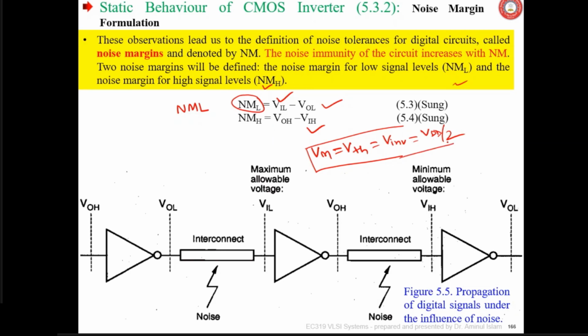So to calculate the noise margin mathematically, we should have knowledge of VIL and VIH. In a CMOS case, VOL can be considered as 0, and VOH can be considered as, say, VDD.